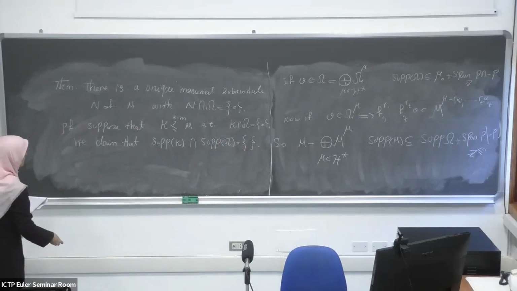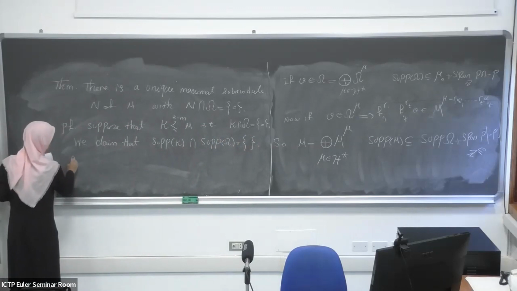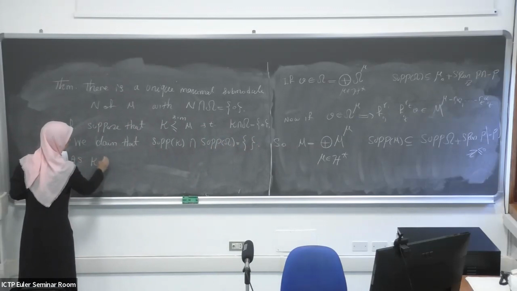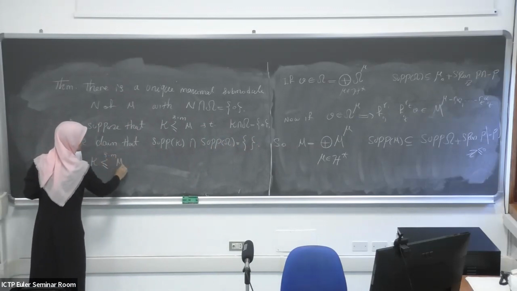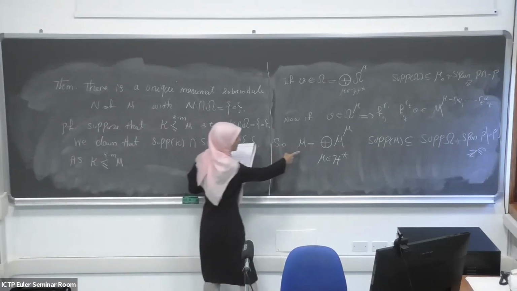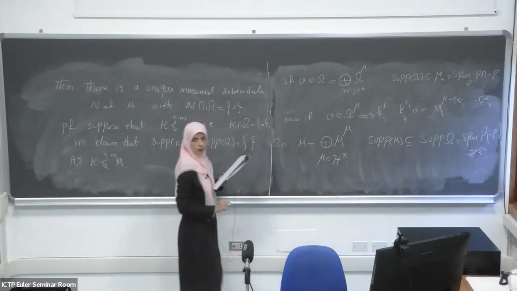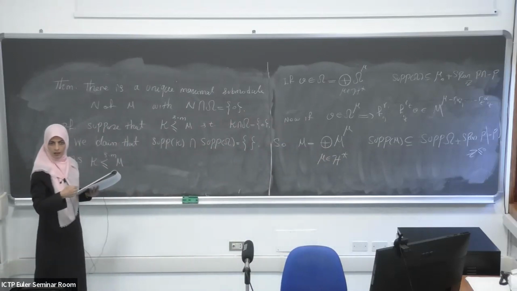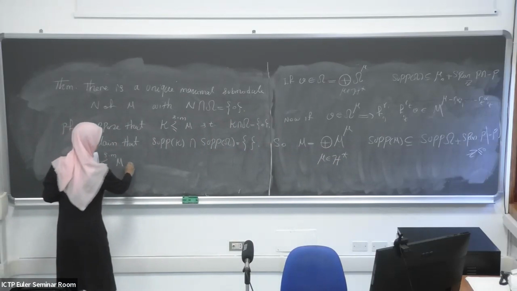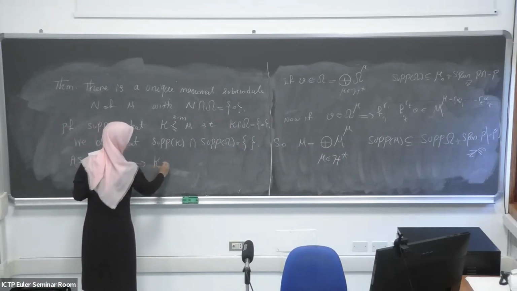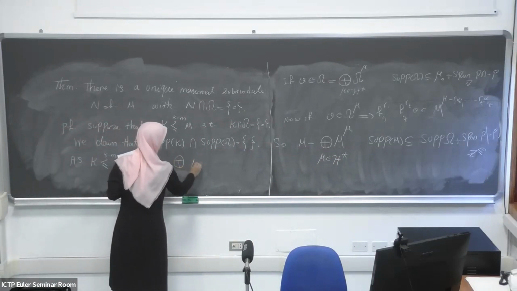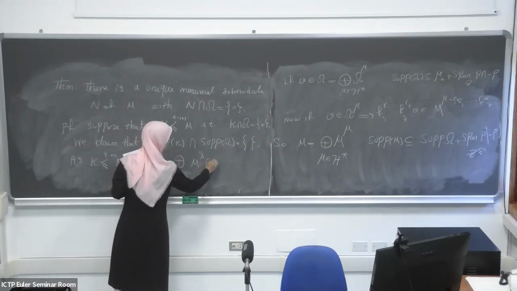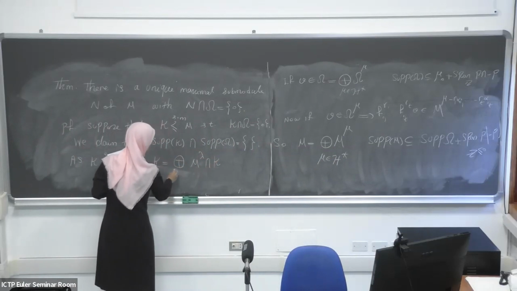In fact, as K is a submodule of M, and we prove that M has a weighted space decomposition with respect to H, each submodule also has a weighted space decomposition. So we have K is the direct sum of M lambda intersection K when lambda is an element of H star.